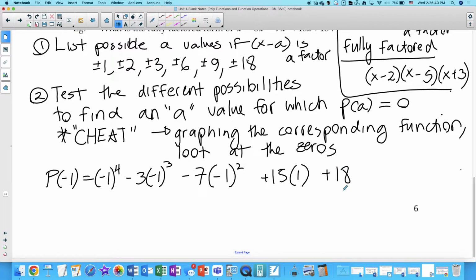So that's 1 minus 3 times -1, plus 3, minus 7 times 1, minus 7, plus 15. Uh-oh, I put a 1 in there instead of a -1. That's why. So this is minus 15, and then plus 18, and that is 0.